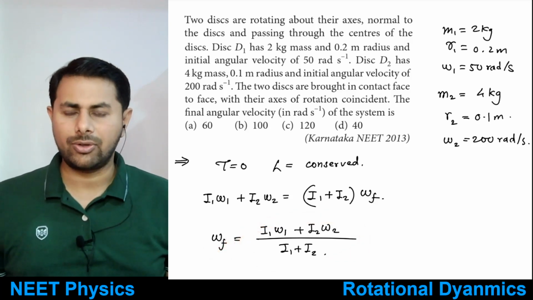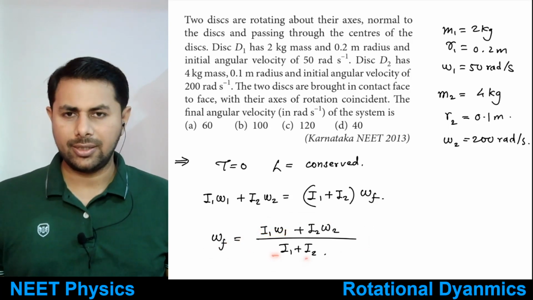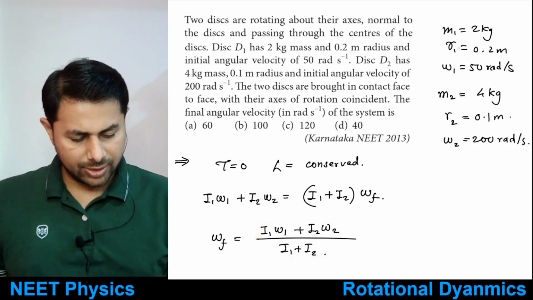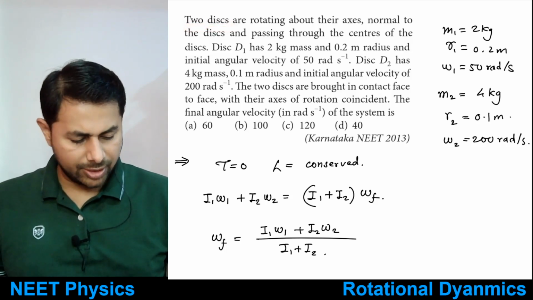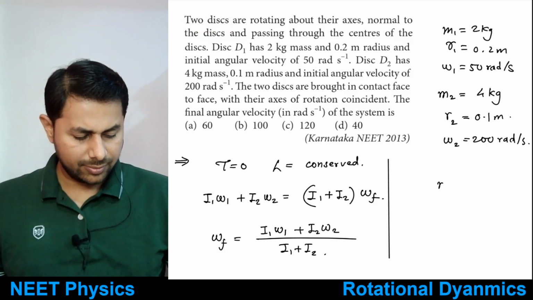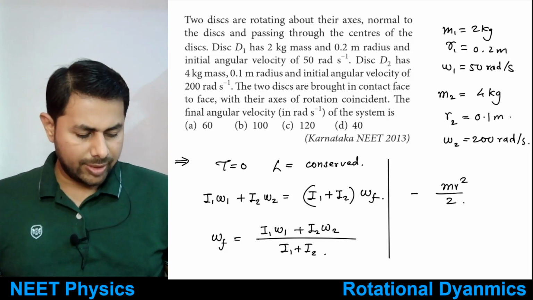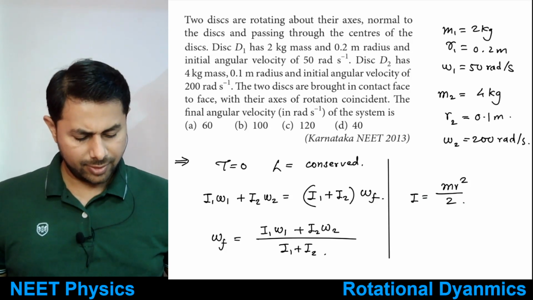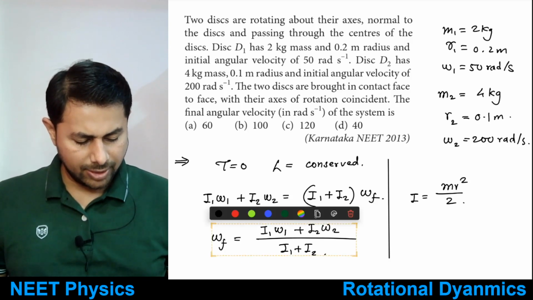Then we just need to put values here because this is a disk. What is the moment of inertia of a disk? It is mr square upon 2. So let's put values in this formula.